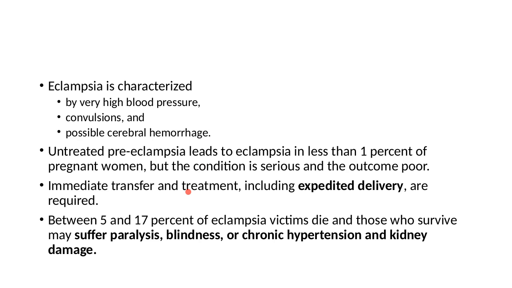So this preeclampsia, if not taken care of, can lead to eclampsia, which is a very dangerous disease during pregnancy, because we have very high blood pressure, convulsions, as well as brain hemorrhage, where your brain starts to bleed, which is very risky.